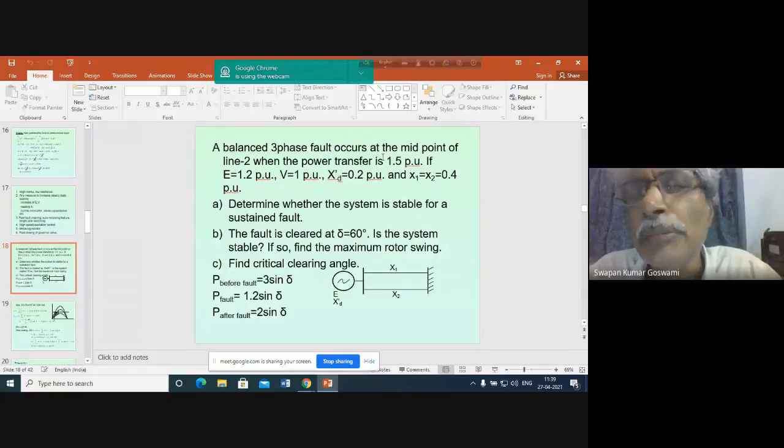So the increase in the armature flux will be opposed by the additional flux of the field winding and the additional flux of the damper winding. As a result, the resultant flux linkage will remain the same. It will not change abruptly. It will remain the same as the pre-disturbance period.